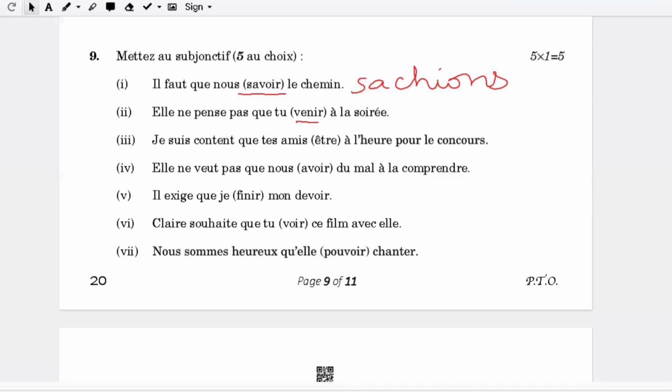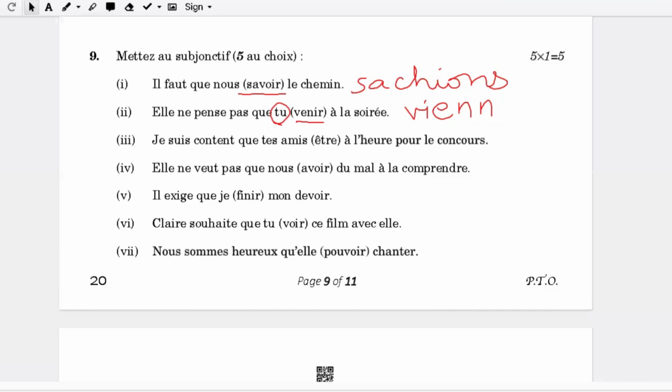Second, verb is venir. Does it come in my irregular verb list? No. Do I have my subject pronoun nu and vu to be careful of? No. So third person plural, VIENNENT. As per my rule, I will remove my ENT.